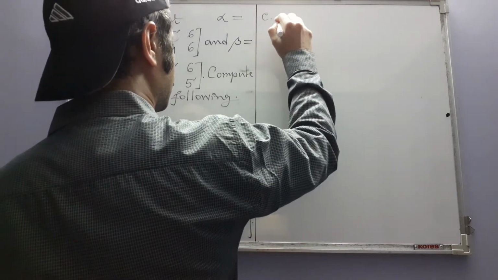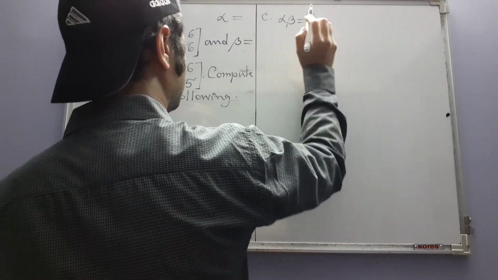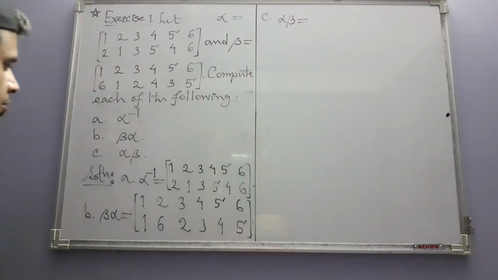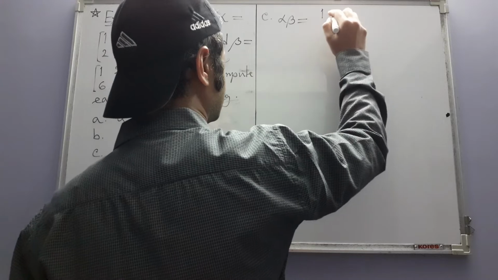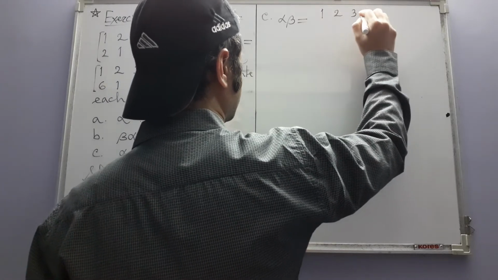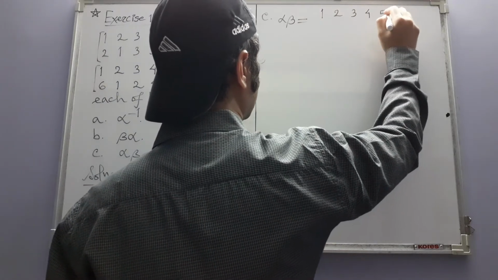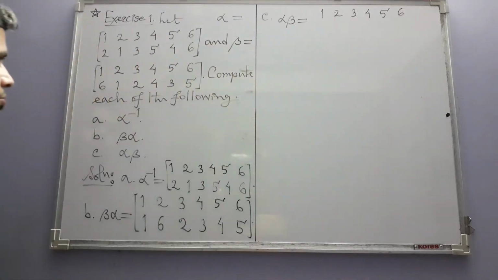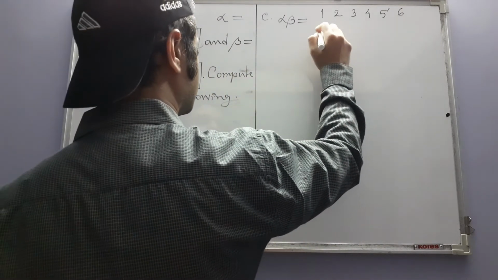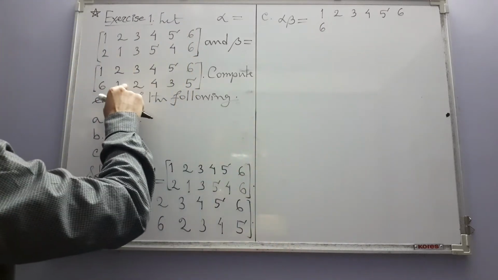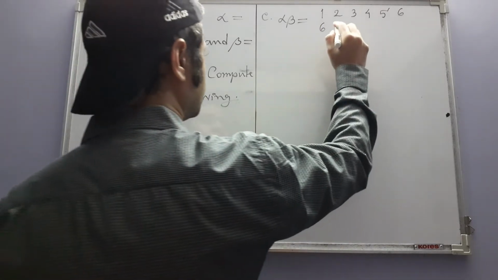In calculating alpha beta, we look at beta first and then alpha. So let's first write the top row. 1 to 6, 6 is unchanged. 2 to 1, 1 to 2.